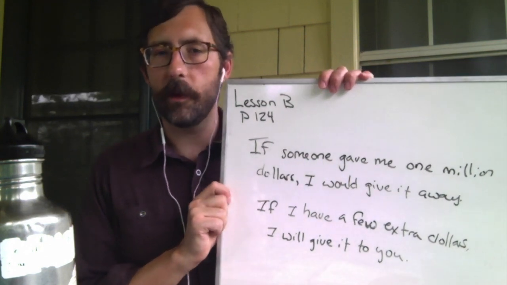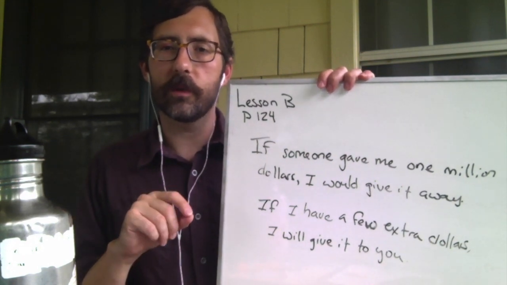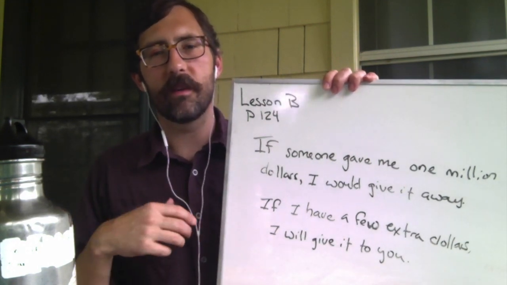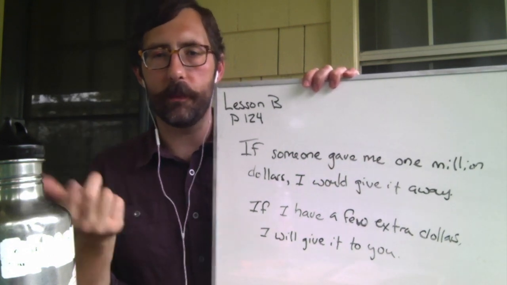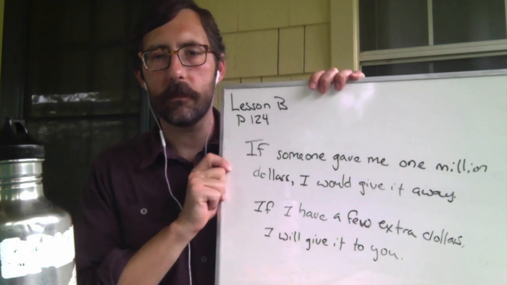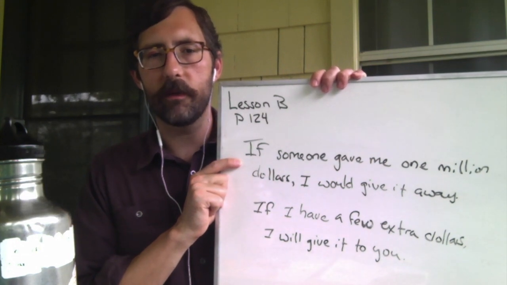Okay, let's think about this. Which one is possible? And which one is not very possible, is unlikely, is more imaginary or pretend, right? Start with this one. If someone gave me $1 million, I would give it away.